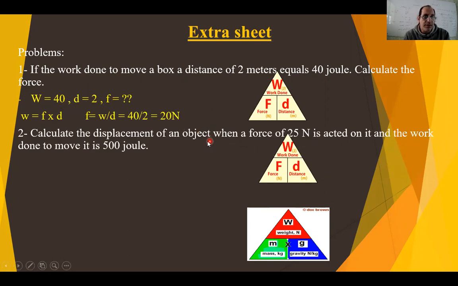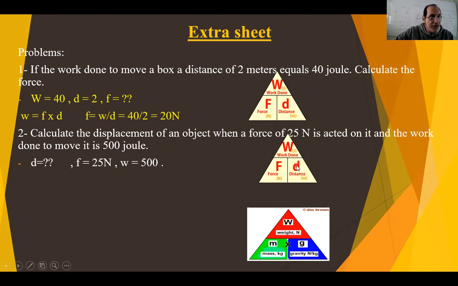for the same rule, but here what does it give me? The force is 25 newtons acted on the object, and the work done is 500 joules. So here we have force and work. Also the same, we need the displacement.